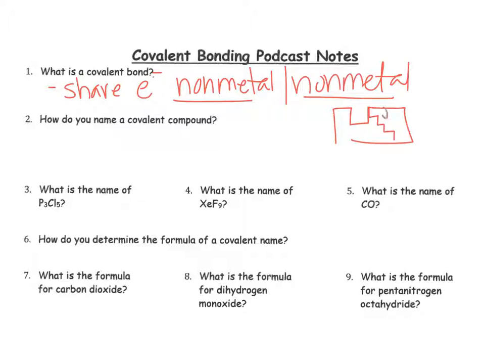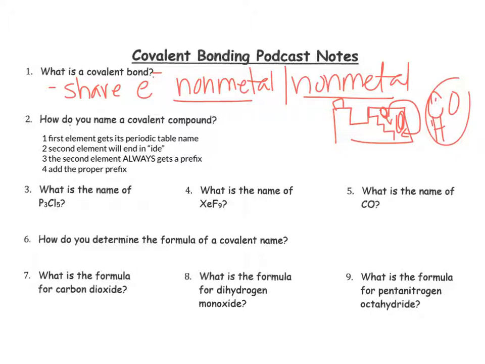So there are positive things and negative things over here, but covalent works a little bit differently from that. But for our purposes right now, if they both exist on the right side of the staircase, like carbon and oxygen, and including in that is also hydrogen, then these are the types of things that form covalent bonds. Okay?